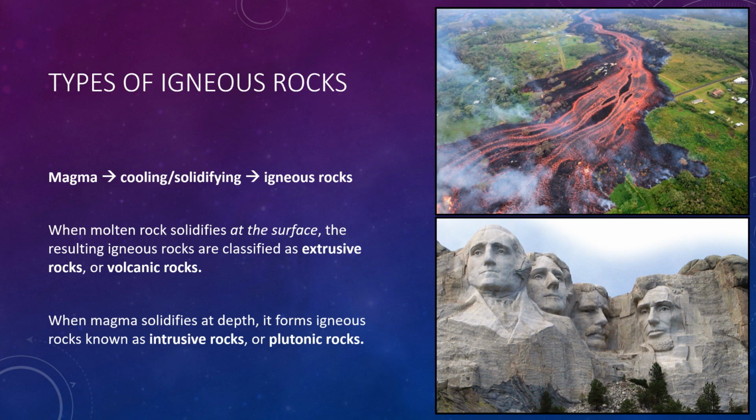Exposures of intrusive igneous rocks occur in many places, including Mount Washington, New Hampshire, Stone Mountain, Georgia, Yosemite National Park in California, and even Mount Rushmore in South Dakota, which you can see pictured in the bottom right.